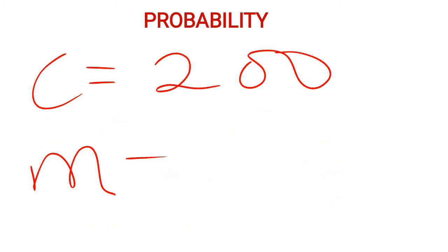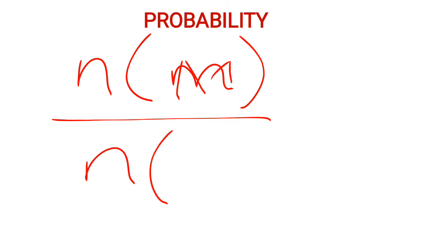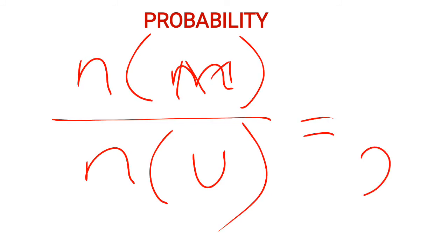So the probability is going to be the number of people who complained of malaria over the number of people in the class. Okay. So that being said, what is the number of people in the class? That is 200. And then how many complained of malaria?